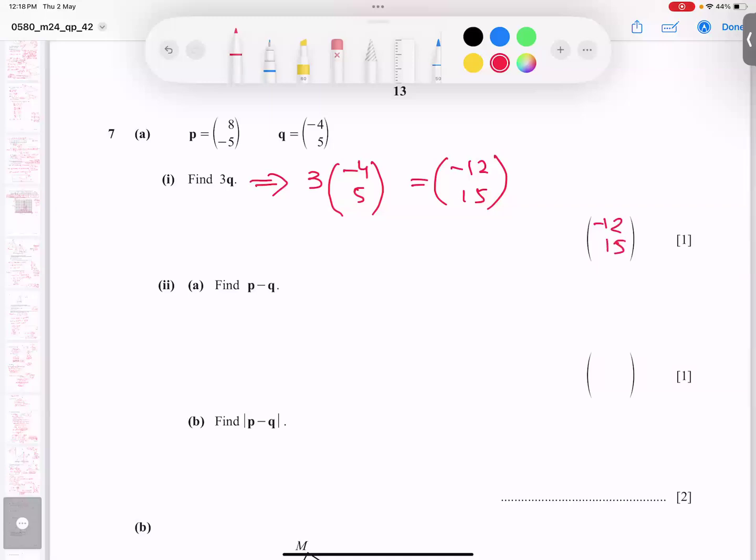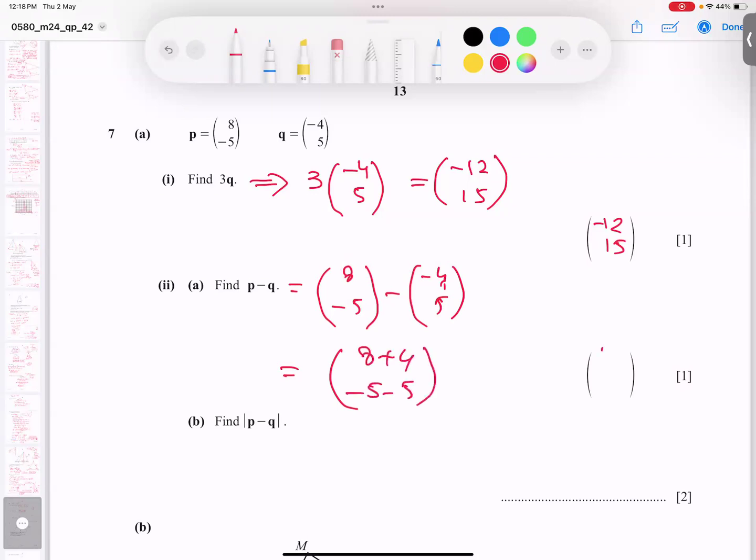Let me recheck: 3 times 4 is 12, 15. Okay, and here subtraction. P I'm writing here, Q I'm writing here. So upper 8 minus plus -5 minus 5. I got 12 and -10.